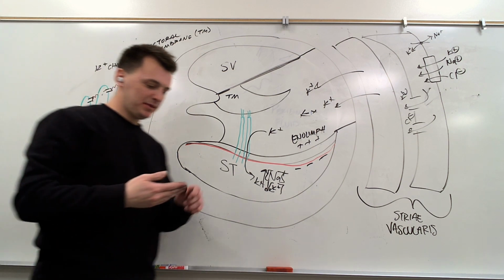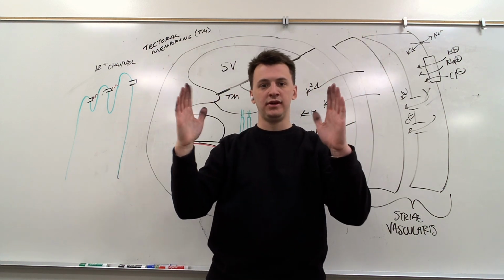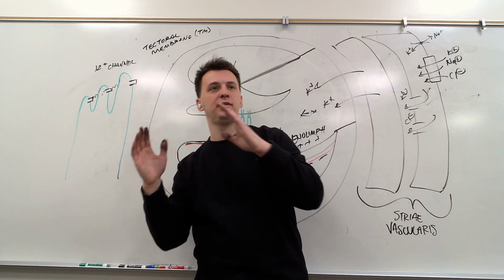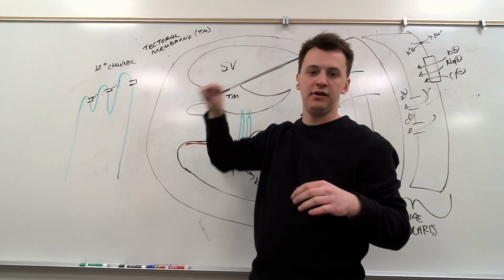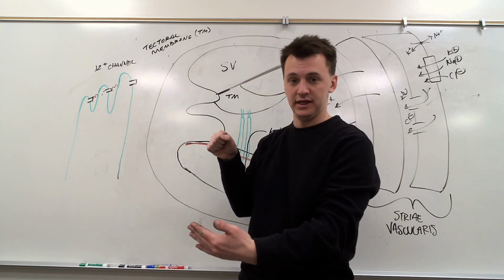And if we imagine, say, a windstorm, if you will, the hairs kind of move back and forth. And when they move back and forth, this protein tether, that's connected to this potassium channel, it will open the gate.